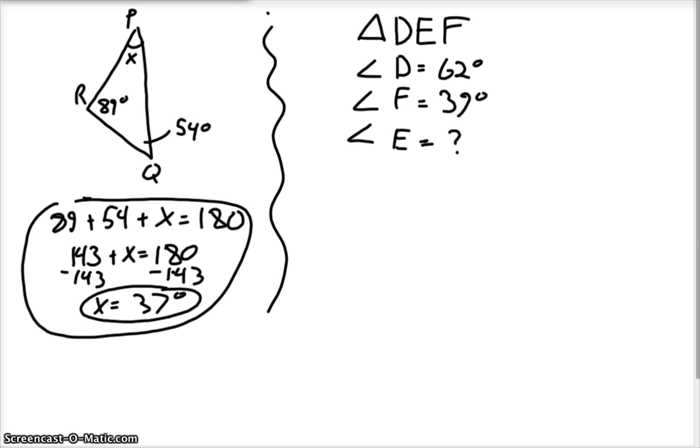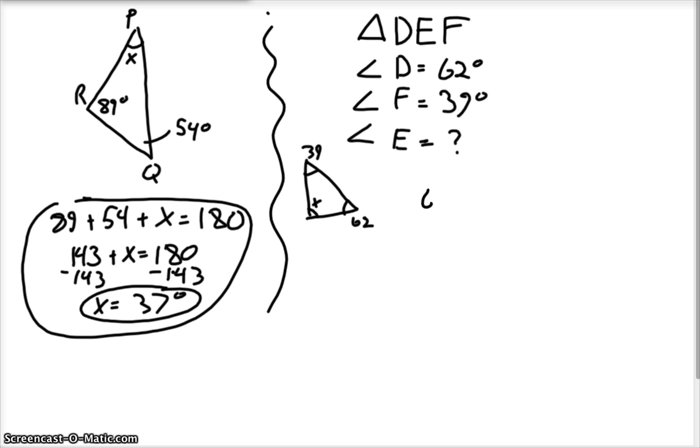Now, what if they don't give you a visual and they just give you some words? This is kind of the words, another example out of your book, where it says triangle DEF. Angle D equals 62, angle F equals 39, but what does angle E equal? So if you're like me, it can help to draw a triangle just to kind of plug numbers in. So I've got, for example, let's say this is 62, this is 39, and this is X. So sometimes we just need that visual aid.